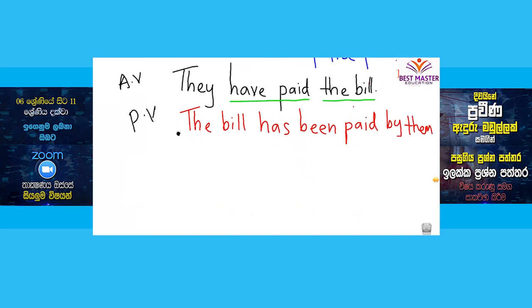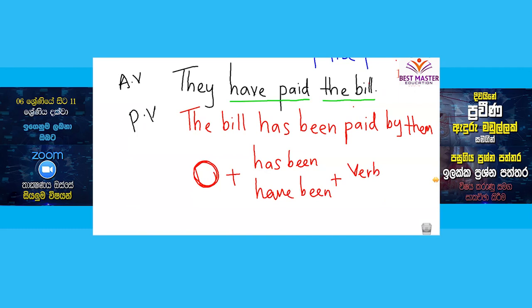So what is the format here? Object plus has been or have been plus the verb.